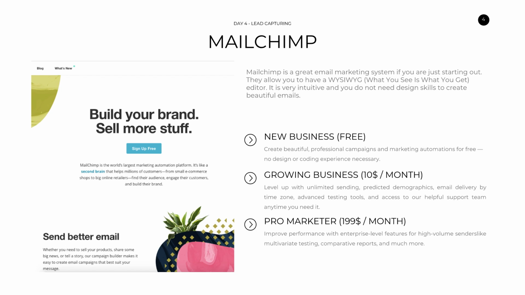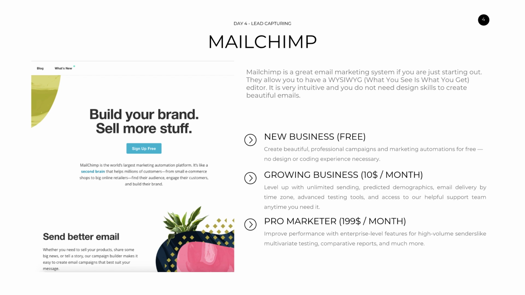So the first one is MailChimp. MailChimp is an email marketing system that is free, or you can pay $10 a month or even more. So MailChimp is a great email marketing system if you are just starting out.